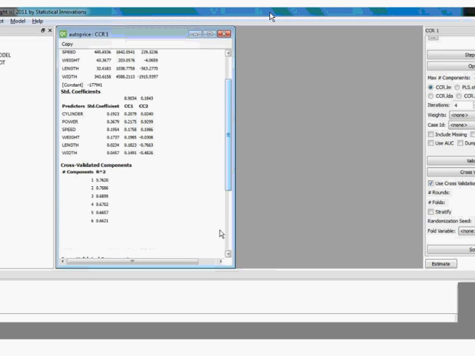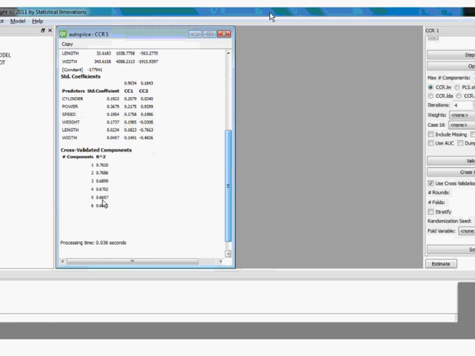But these numbers now are slightly different because it's only based on 1 round of 6 folds. In other words, I'm taking all 24 cases and I'm assigning them to 6 folds at random. And I can do that just 1 time. I get 1 set of assignments.